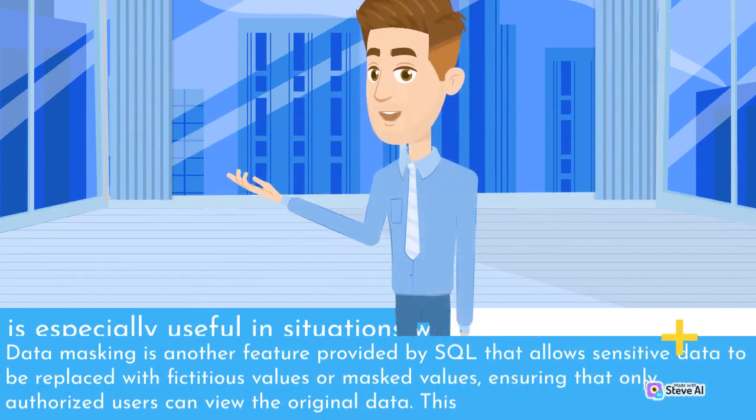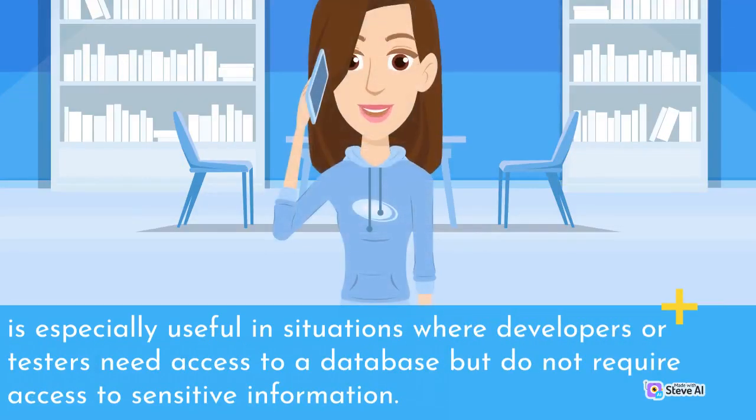Data masking is another feature provided by SQL that allows sensitive data to be replaced with fictitious or masked values, ensuring that only authorized users can view the original data. This is especially useful in situations where developers or testers need access to a database but do not require access to sensitive information.